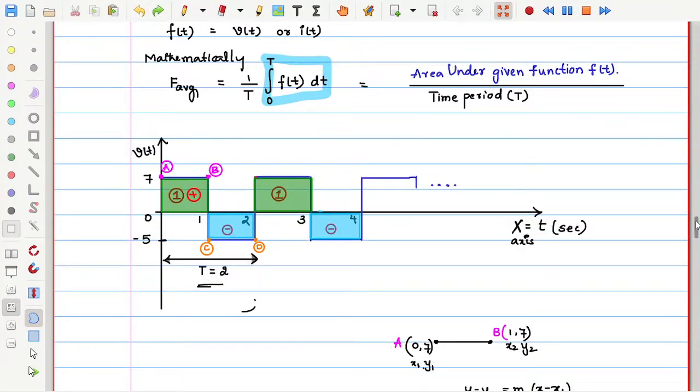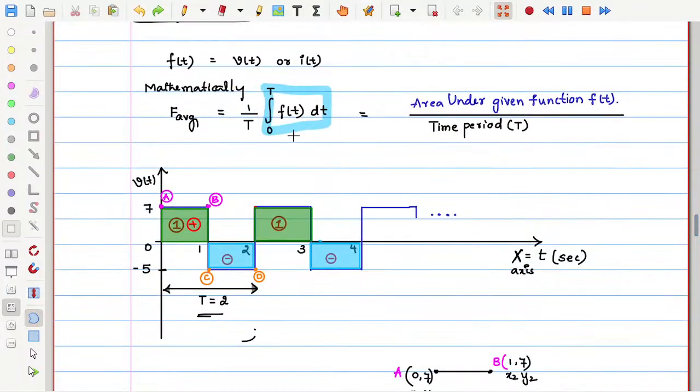I hope I got all values. Yes, so now I'll simply write f RMS is equal to.